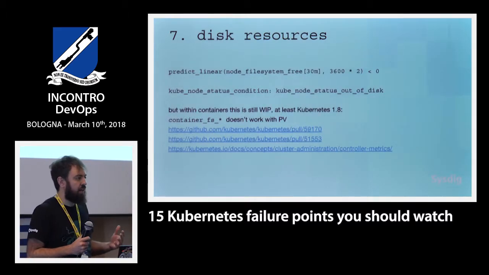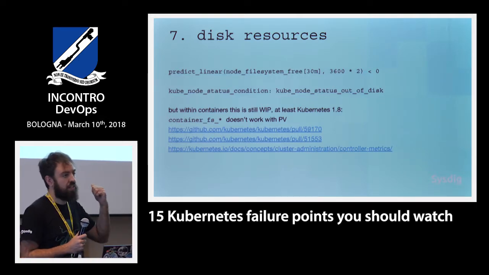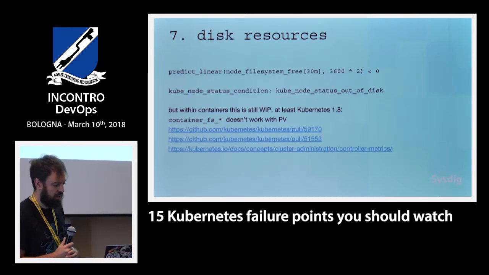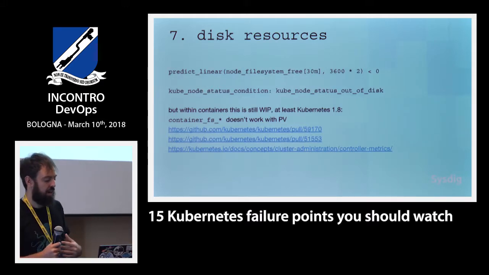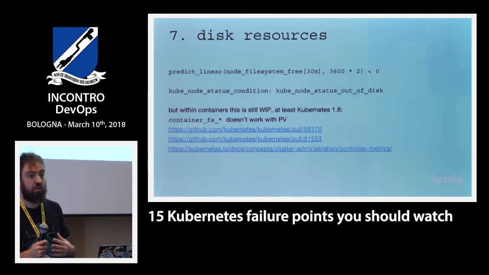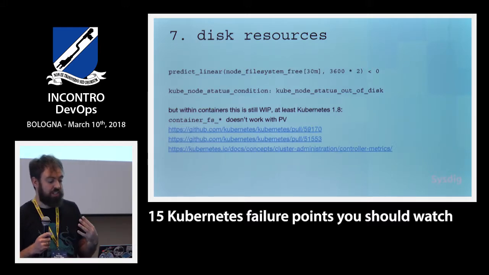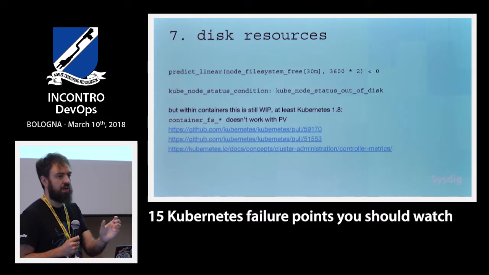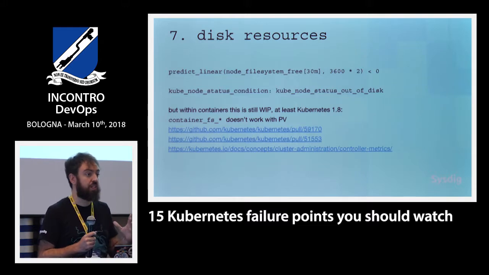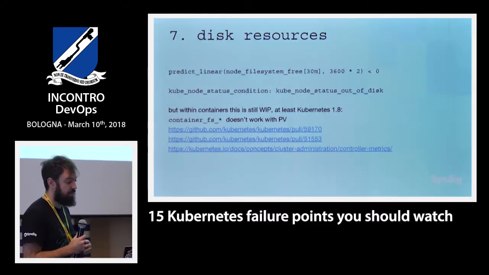So predicting if a computing node is going to run out of disk is easy using the expression as we saw before, alerting if a node has run out of disk space. Looking at the ephemeral or the runtime partitions of a container, it's easy using container FS metrics.